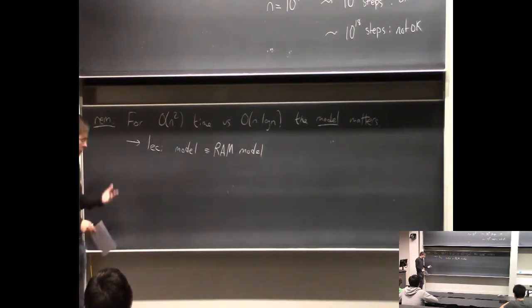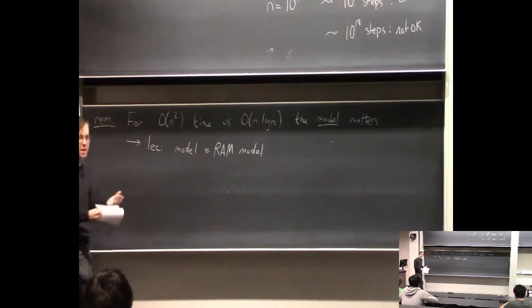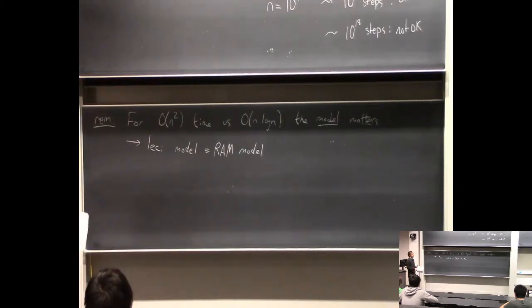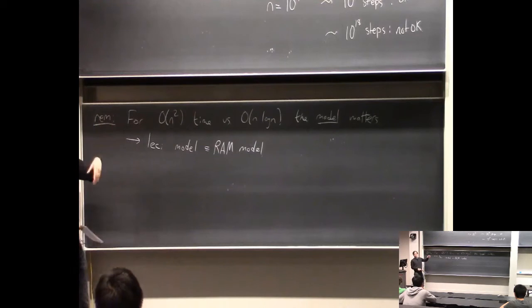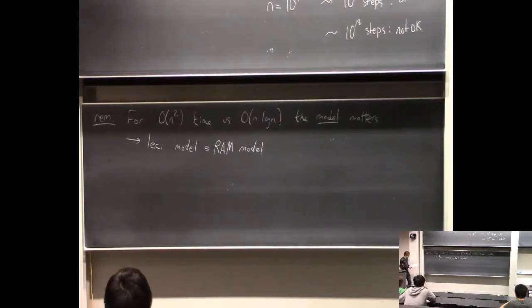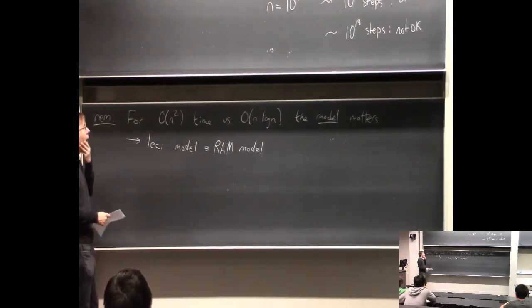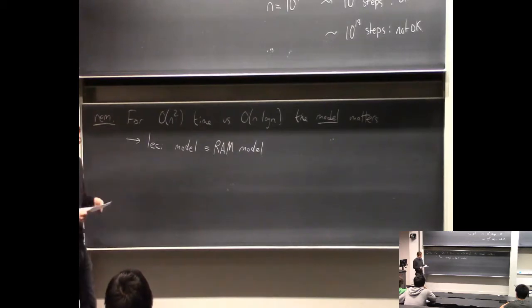The property is that you can do basic operations on, let's say, numbers between 1 and poly n in constantly many steps, or in one step, and you can have random access to memory and stuff. So that's a realistic model, and that's the one that we'll work in, because it's the one we actually care about.